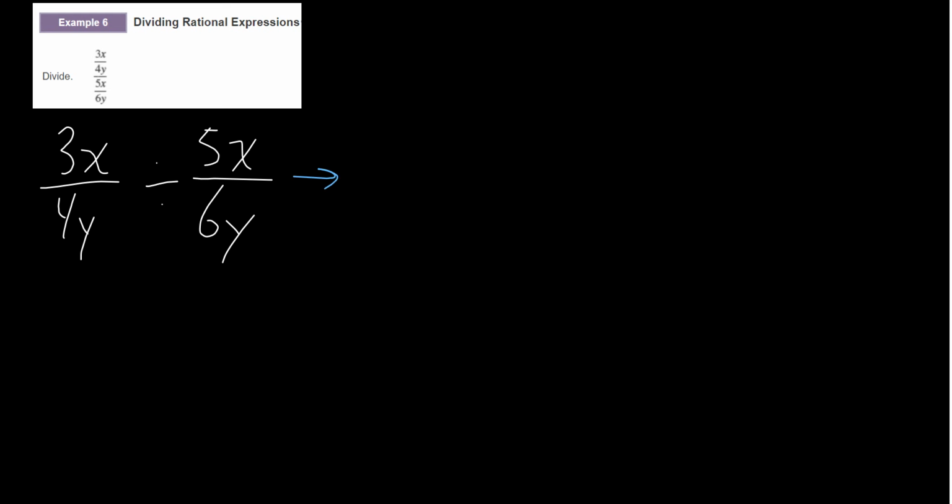But just stay calm and rewrite it. So this could be rewritten as 3x over 4y divided by 5x over 6y. And we know then it could be rewritten as 3x over 4y times 6y over 5x.